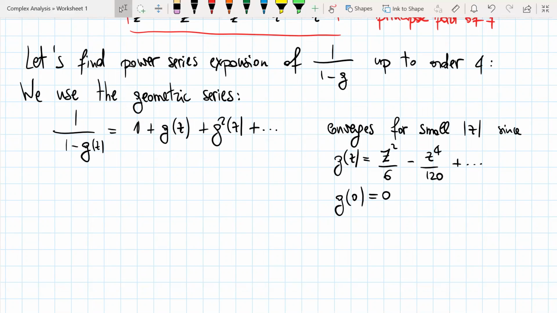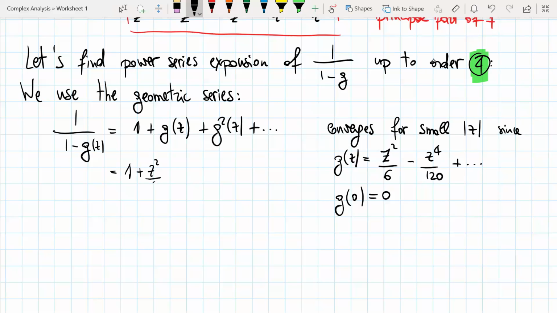So what we have here, now we have to find the power series expansion of all these terms, g of z, g squared of z, and then sum all of them together. But we notice that we need to do this only up to g to the 2, because all the other terms will contribute to order bigger than 4. So remember, we need only to find things of order up to 4. So, for example, for g of z, we already have the expansion written here on the right.